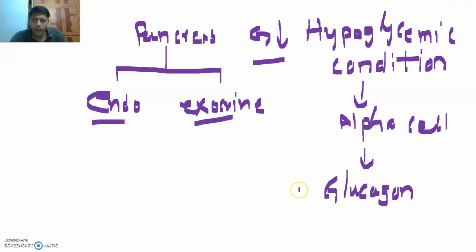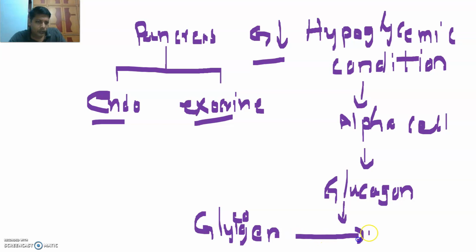Glucagon is a hormone. What does this glucagon do? Glucagon converts glycogen, which is present in our liver and muscles, into glucose. As a result, the glucose levels in our blood increase.